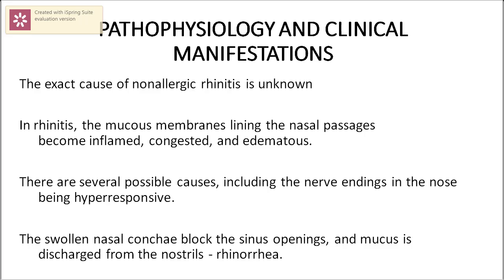In rhinitis generally, the mucous membrane linings of the nasal cavity, your nasal passage from your nostril upward, become inflamed, congested, and edematous. Inflamed due to inflammation that has set in. Congested, they have a lot of collections. Edematous, swollen to the extent that sometimes it is very difficult to breathe.